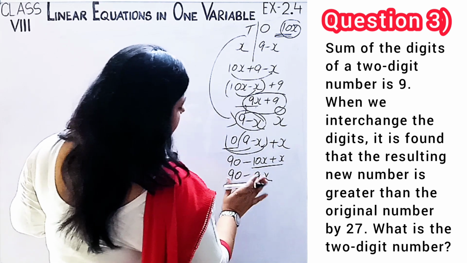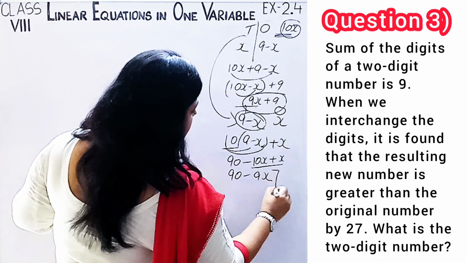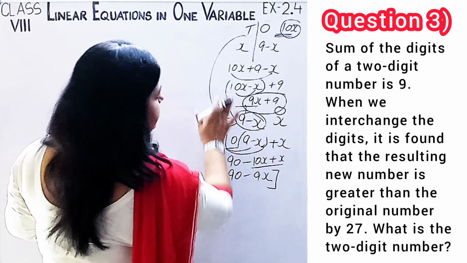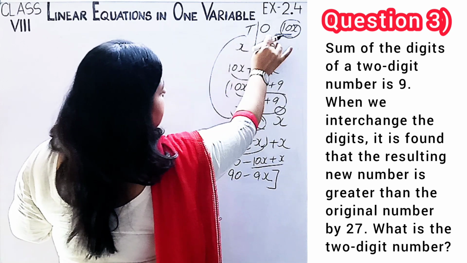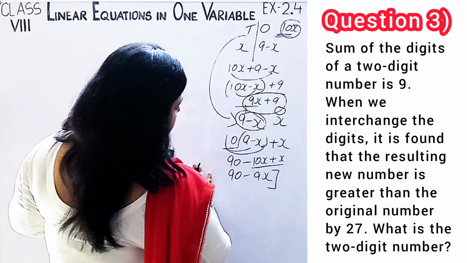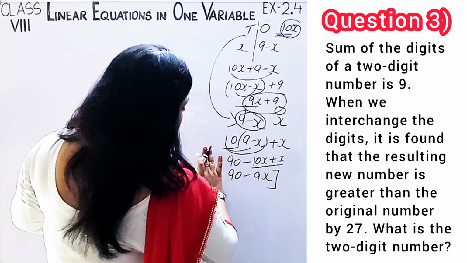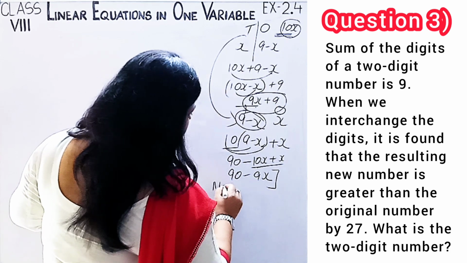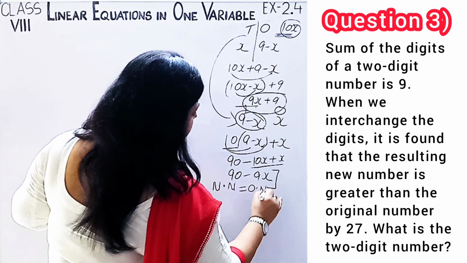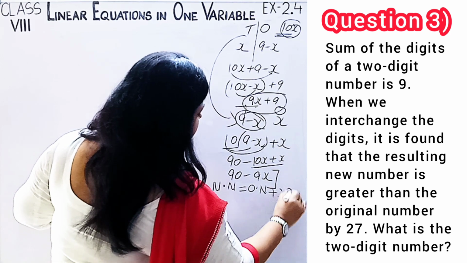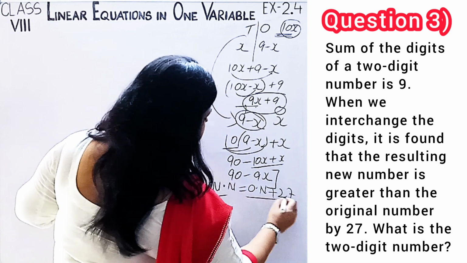So here we have another number after interchanging the digits, the ones from the tens and the tens from the ones. So we have the new number equal to the original number plus 27 if we want to equalize it.